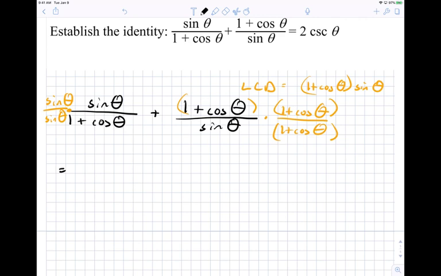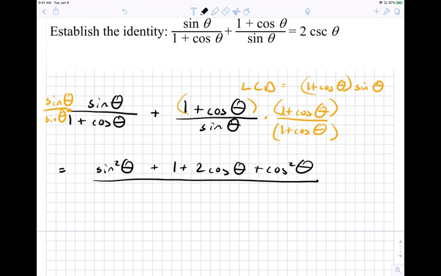So then the first one, on top, we get sine squared theta. If we FOIL the second one, 1 plus 2 cosine theta plus cosine squared theta. And then both denominators are sine theta times 1 plus cosine theta.